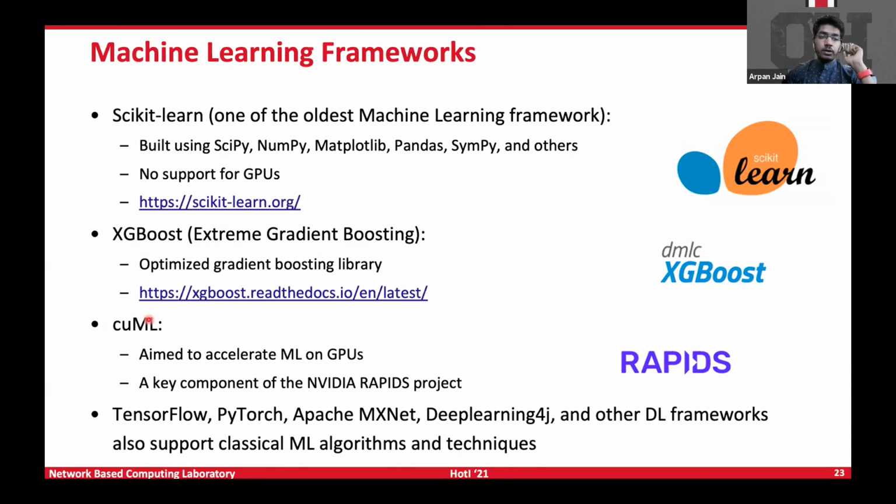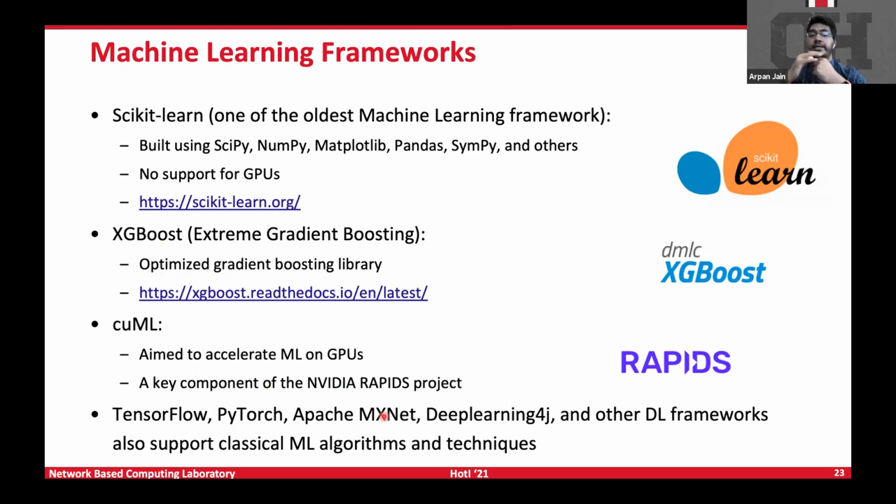On the other side, we have cuML, which tries to fill the gap left by Scikit-learn and provides GPU and distributed training support for machine learning algorithms. It has a similar API and is part of the NVIDIA RAPIDS project, which is gaining a lot of attention nowadays. You can also use TensorFlow, PyTorch, or MXNet to train machine learning models.